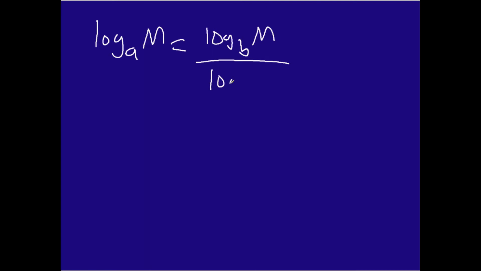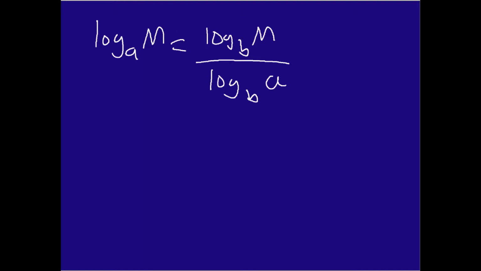So the formula is as follows: log base a with an argument of m equals the following: log base b, that's the new base, whatever you want it, with the argument of m, over log base b with a. So what happens basically is this.